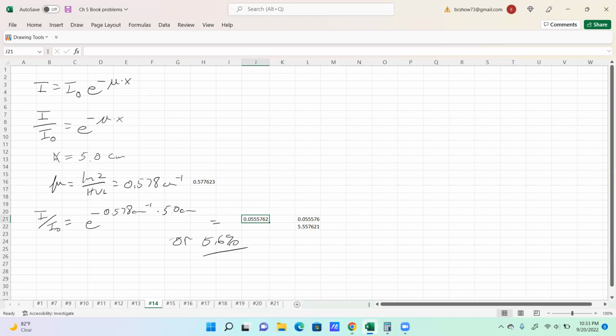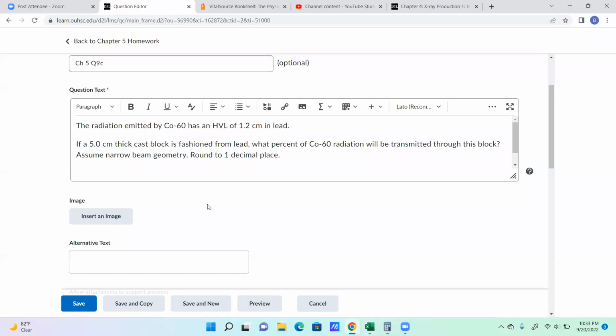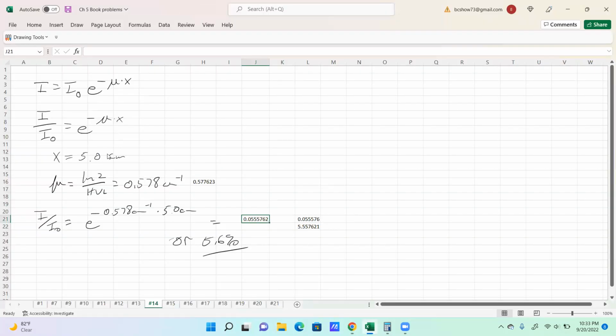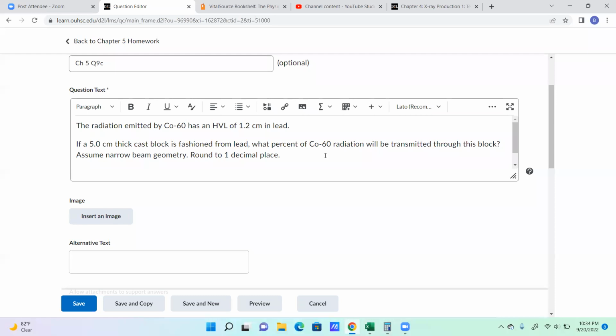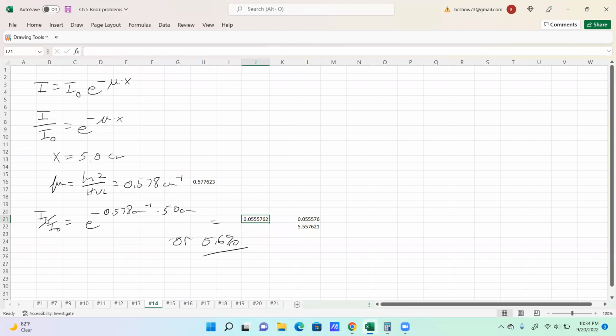So we go through here, we find the intensity. We know what the half-value layer is. Once we know the half-value layer, we can determine the linear attenuation coefficient. The ratio of the intensities, which I believe is what it's looking for here, is what percent will be transmitted.